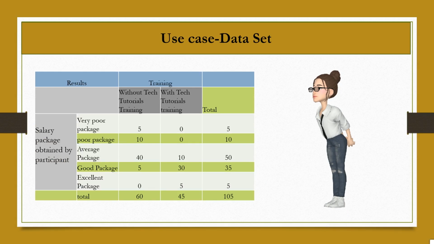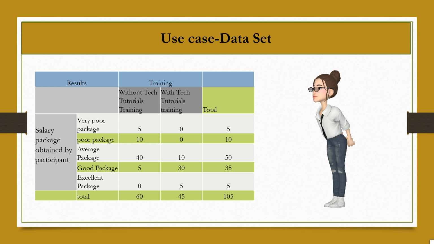Let's look at this in a little more depth. In total we have 105 candidates, out of which 60 of them have not enrolled in tech tutorial training and 45 of them have enrolled in the training. This is a small survey that was conducted, and this is the rating of the package or salary that they got. If you read through the data, you can understand.